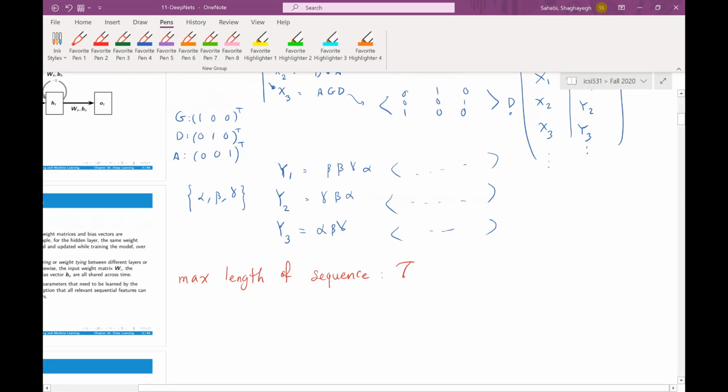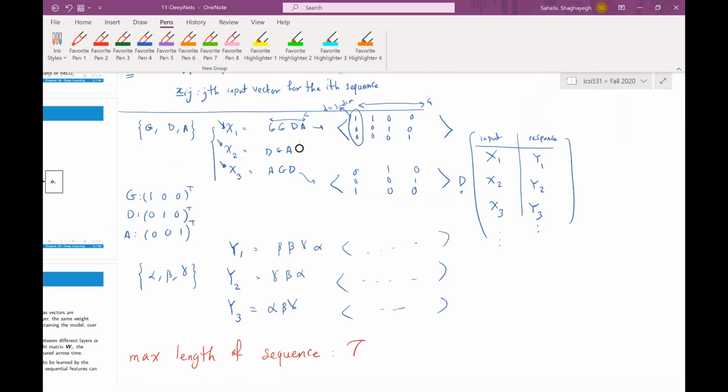If a sequence is shorter than this, for example, if our tau is 4 and x2 is shorter than 4, what we can do is pad this sequence with a specific character, unknown for example, so that all of the sequences in the data set are of the same length. So basically this tau is going to be the same for all the sequences in our data.